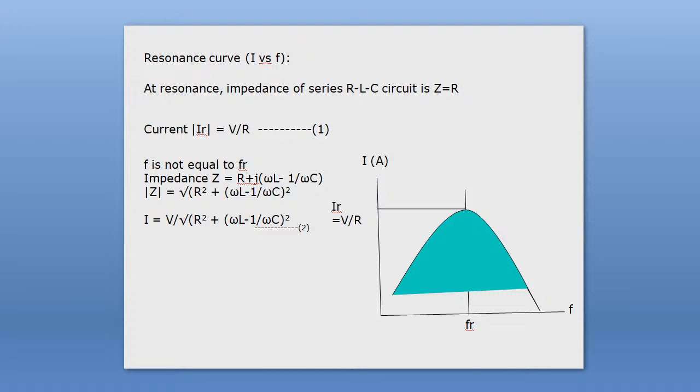Okay, now I am telling you to draw the curve corresponding to the variation of resistance with frequency, the graph corresponding to the variation of capacitive reactance with frequency, the variation of inductive reactance with frequency, and total impedance.